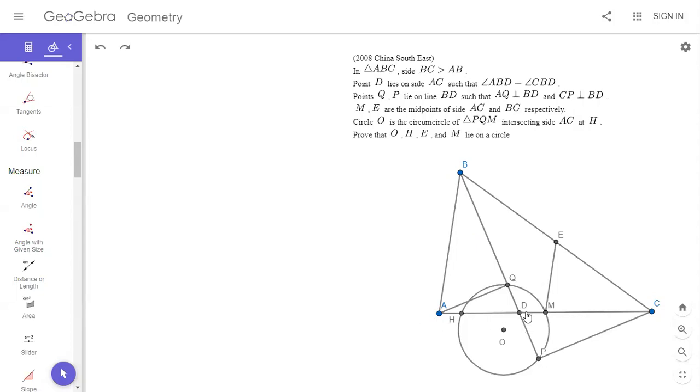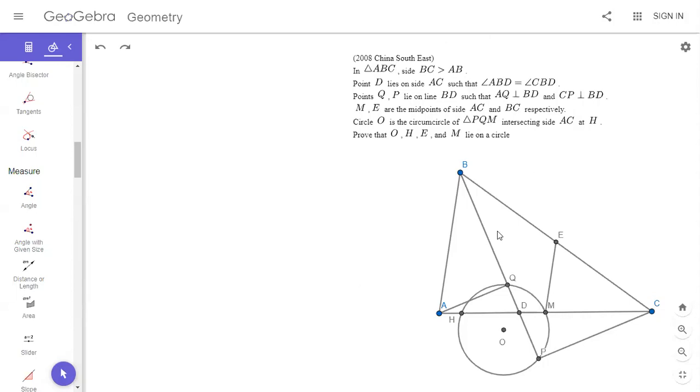Seems like that has to be provable. Yeah. So yeah, those four points are in harmonic conjugation.